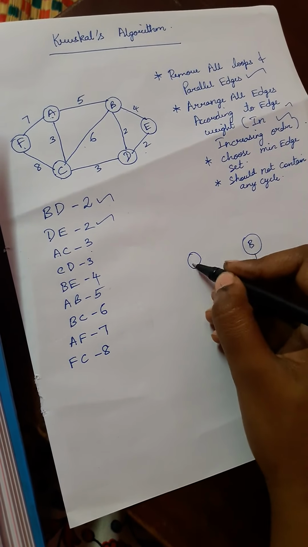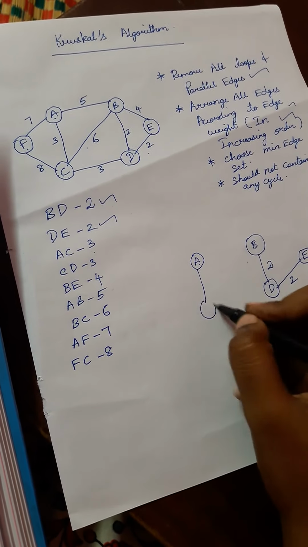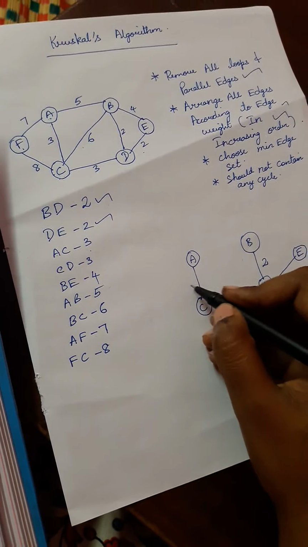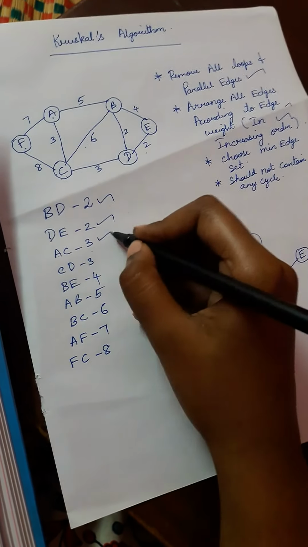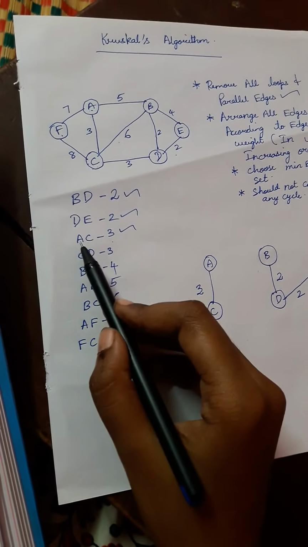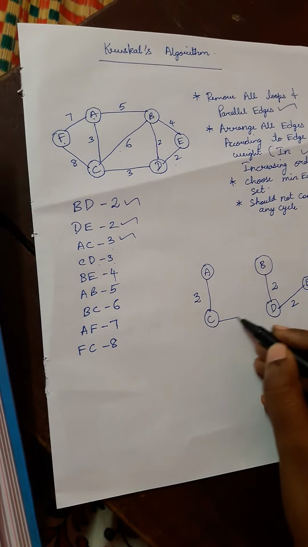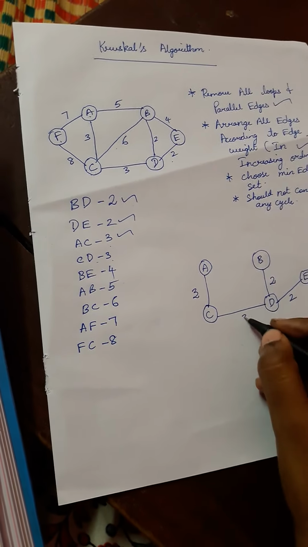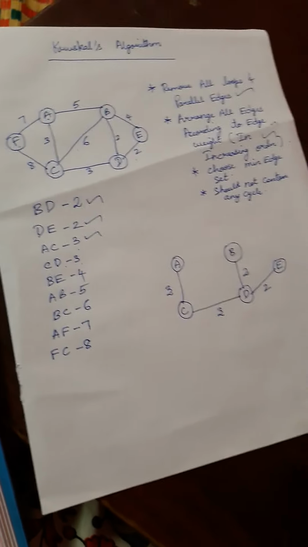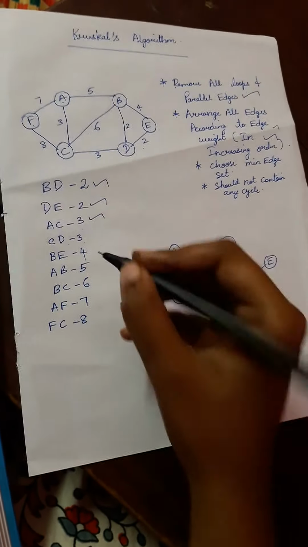Then A to C has weight 3. So this is completed. Then C to D. So C to D is having weight 3, and it is also not forming a cycle. Side by side check that.